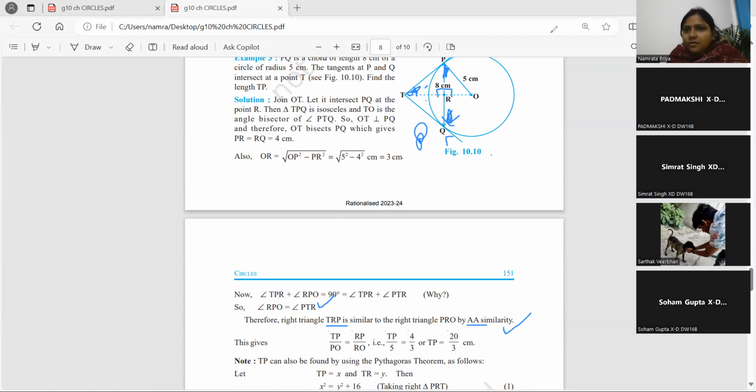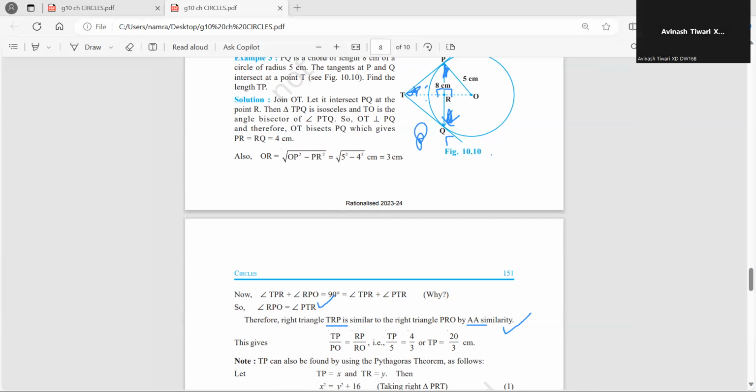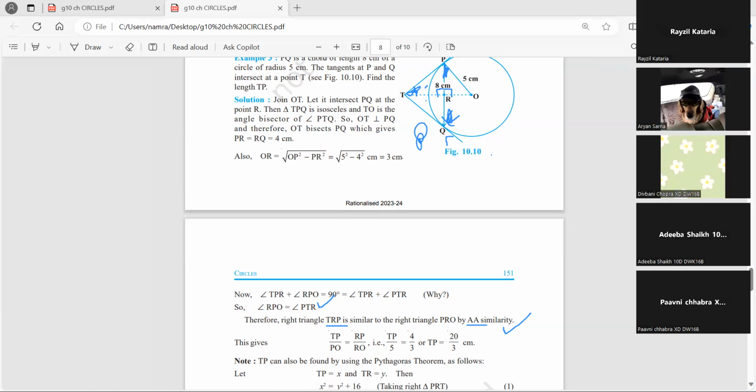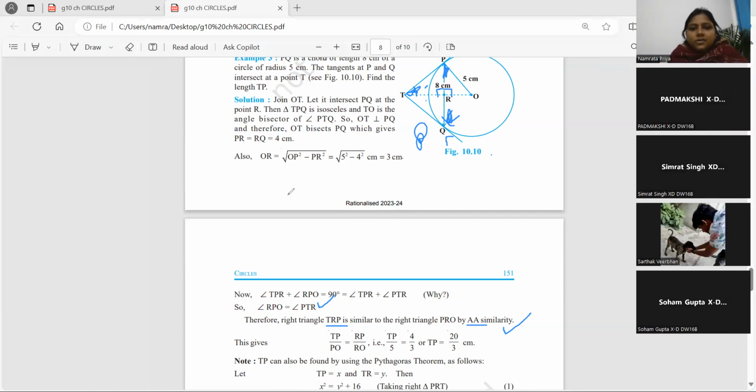Any problem to anyone, beta? Raise hand if any problem is there. No? Okay. Should I proceed then? All right. So now moving on to taking the corresponding parts, we have TP. The ratio will be taken as TP by PO. Just see the angles. TP is opposite to the 90 degree and PO is also opposite to the 90 degree.